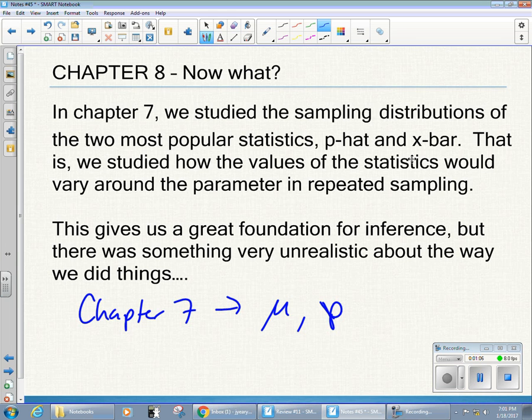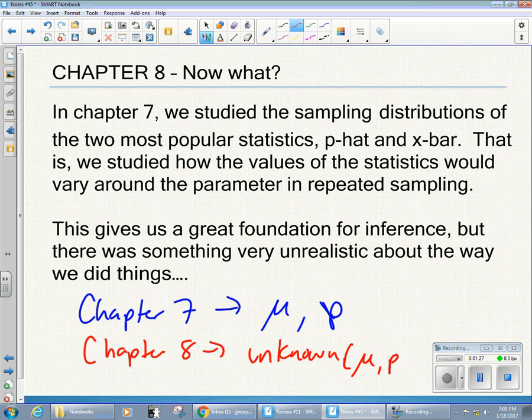We were told the mean weight of whatever, the mean height, the mean length of a hot dog, the true proportion, whatever it looked like. The key difference here is that in chapter 8, these things are going to be unknown. We really don't have any idea what these things are, really ever.